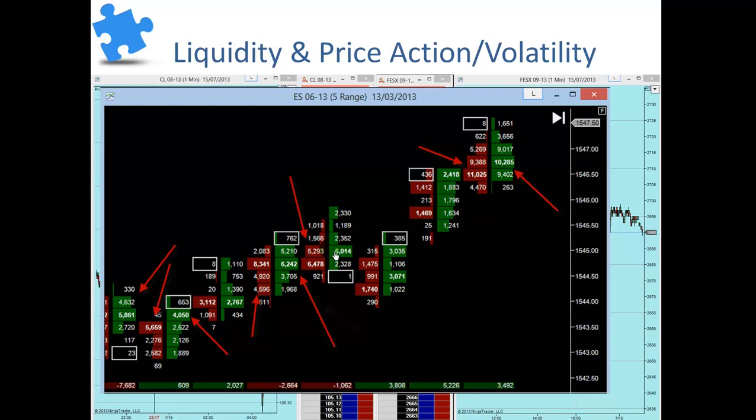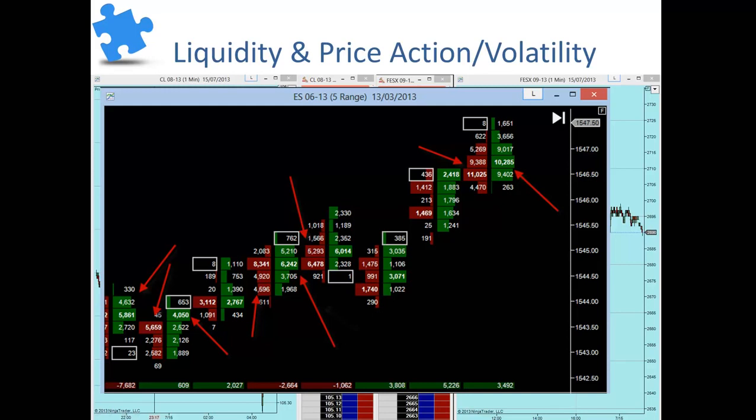Now, as liquidity is perhaps the most important driver behind the personality of an instrument, when the liquidity changes, you can do one of two things. And what I'll say at this point, we're going to just stop for questions after we talk about liquidity. So if anybody's got any questions, now's a good time to type them in.